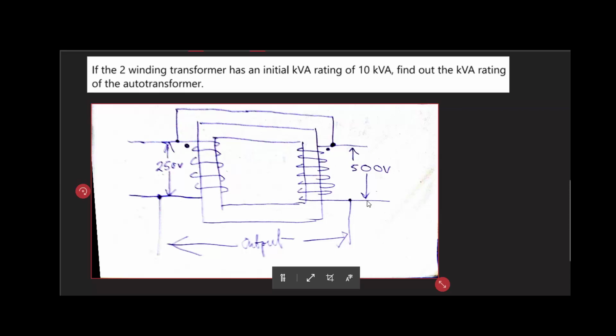Why? Because this is 500 volt and this is 250 volt acting in the opposite direction, unlike the common cases where we consider the polarity. Now in full load condition, this would draw 40 ampere. If it draws 40 ampere, then it could deliver 20 ampere at max. Now see, the output kVA becomes 5.